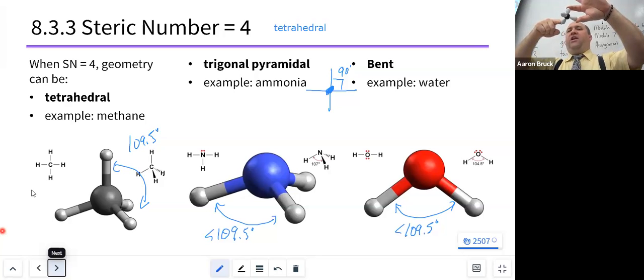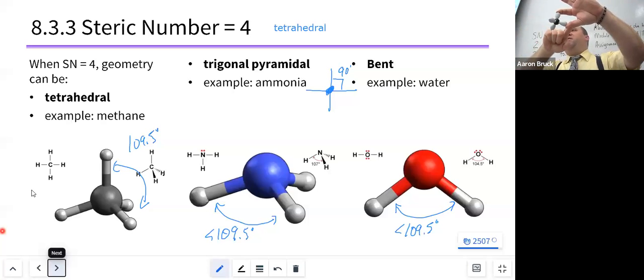The one that's pointing directly to you, that's what would be represented by that wedge. And so you can see it is coming out from the direction that these ones that you're holding in your fingers are going. That's a wedge.